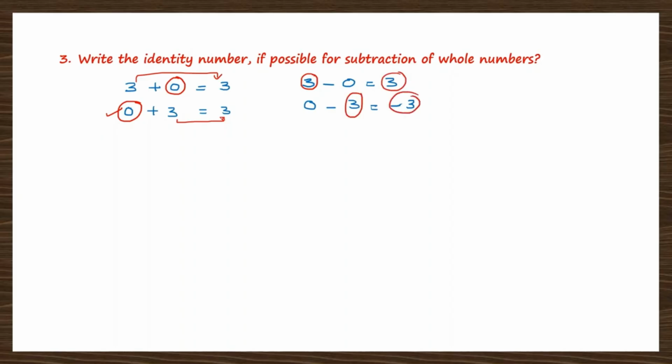So 0 is not the identity number for subtraction of whole numbers. It is the identity number of addition of whole numbers, but not subtraction because the number has changed. So for subtraction of whole numbers, no identity element exists.